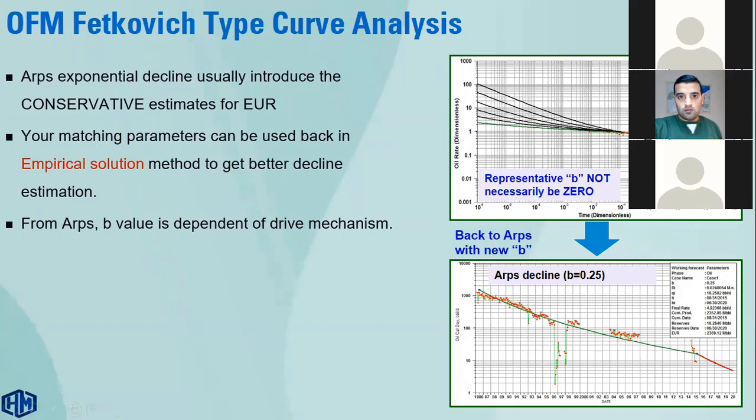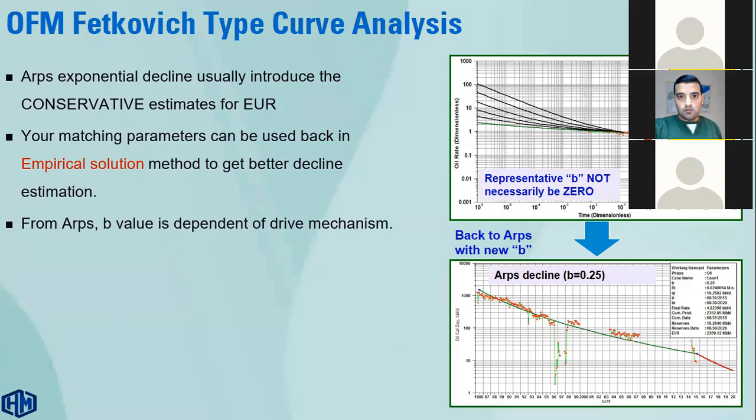As you can see, for this well, the value of b is not 0, but it's 0.25. So we can use the Fetkovich type curve to identify the correct value of b rather than b equals 0. As mentioned, we usually use a b value of 0 because it's more conservative and we will predict the lowest value.